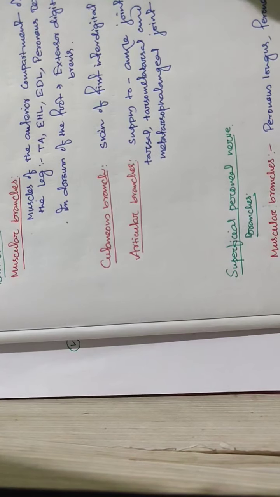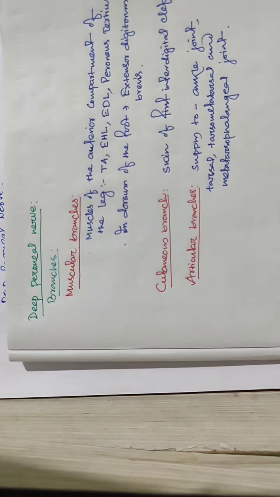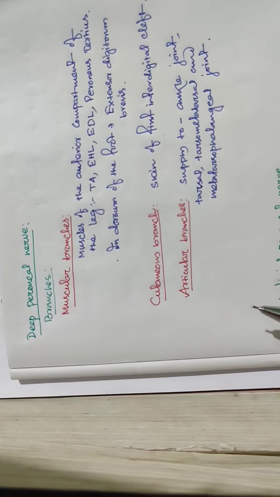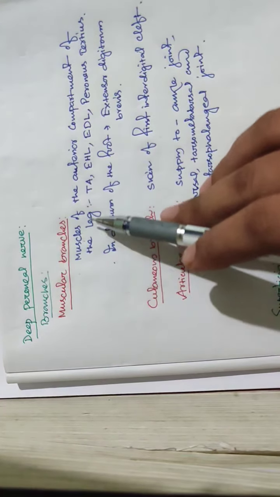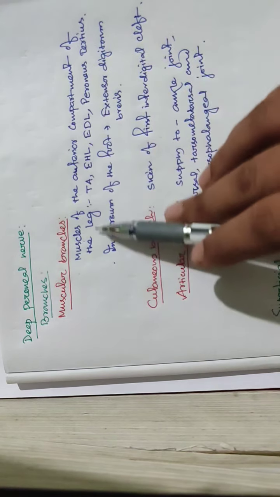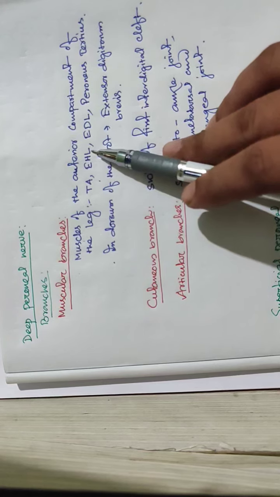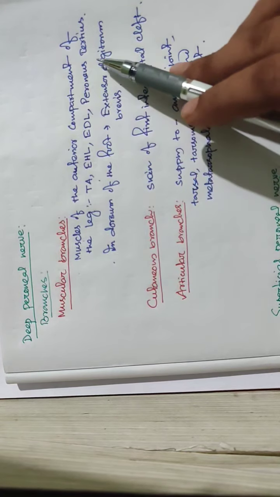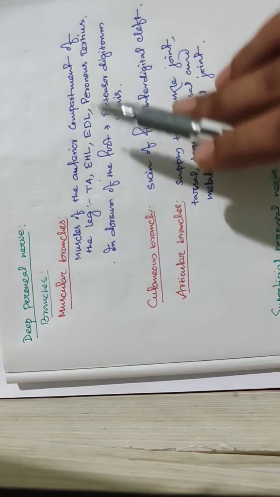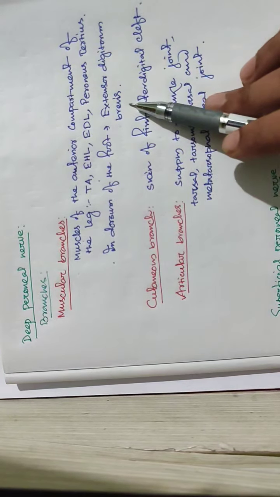And the common peroneal nerve is divided into two parts. One is the deep peroneal nerve, another is the superficial peroneal nerve. So the branches of the deep peroneal nerve: the muscular branch supplies the muscles of the anterior compartment of the leg, that is tibialis anterior muscle, extensor hallucis longus, extensor digitorum longus and peroneus tertius muscle, and in the dorsum of the foot, the extensor digitorum brevis muscle.